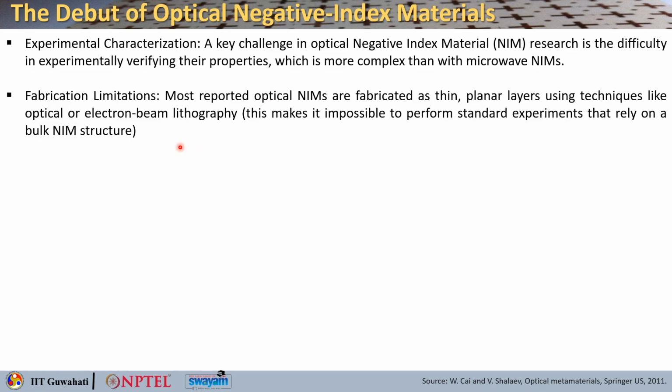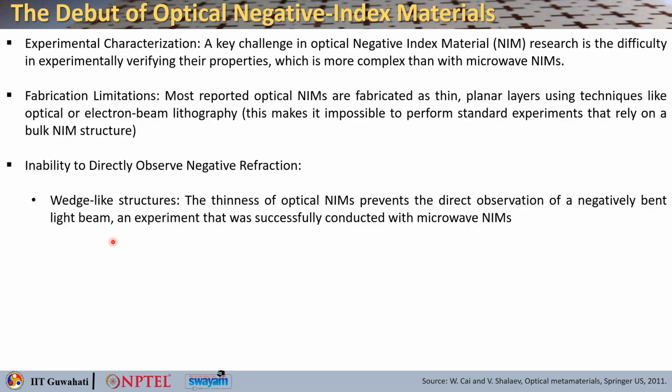And also there are fabrication limitations, like most reported optical NIMs are fabricated as thin planar layers using techniques like optical and e-beam lithography. So, this makes it impossible to perform some standard experiments that rely on a bulk NIM structure, right. So, it is not possible to directly observe the negative refraction, right.